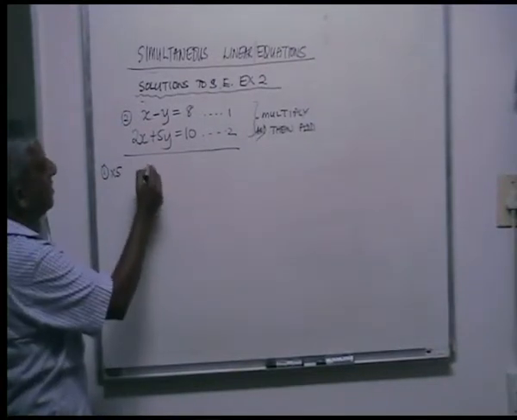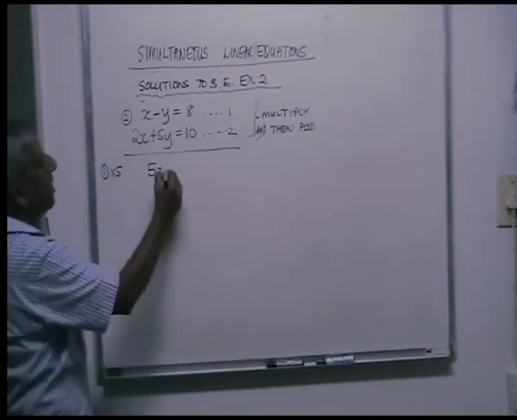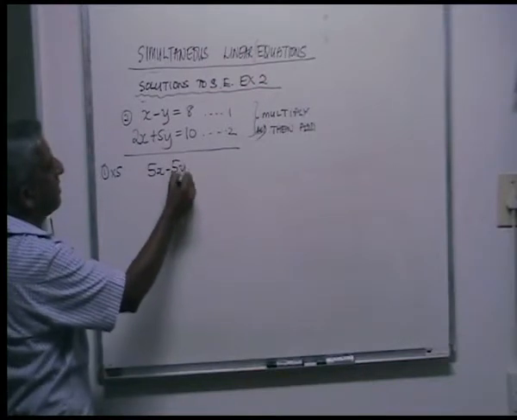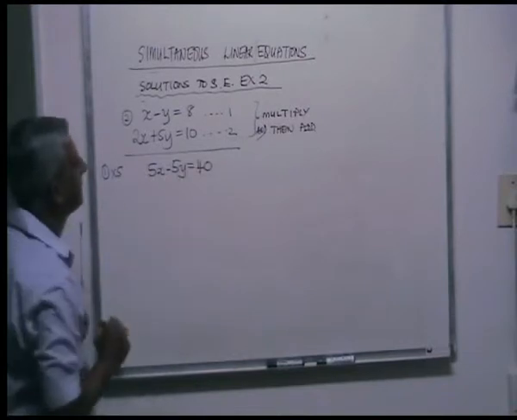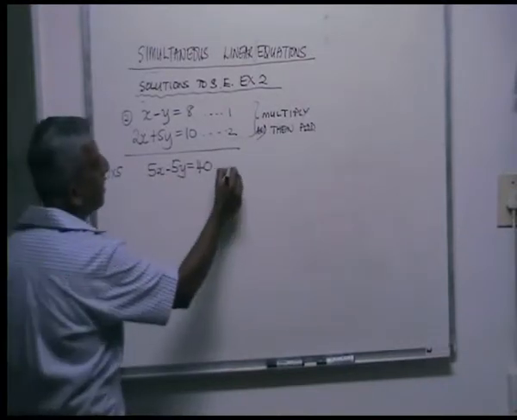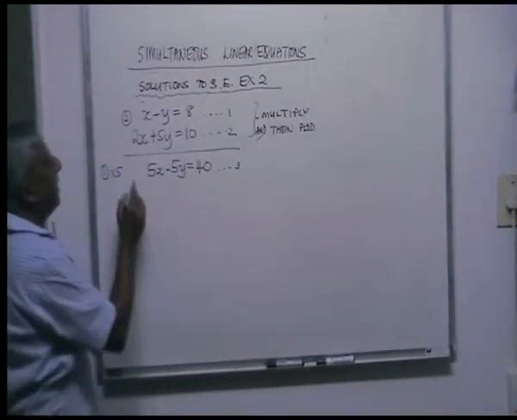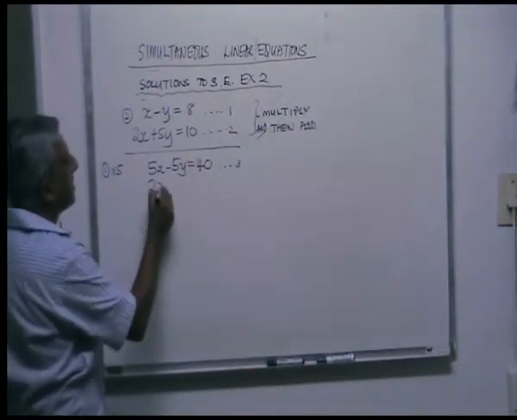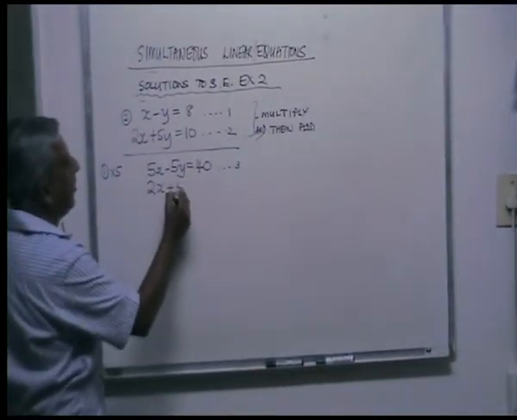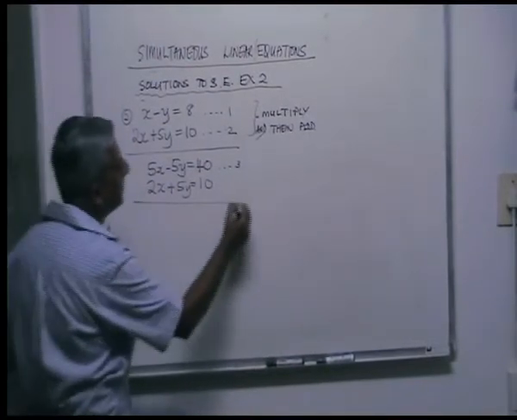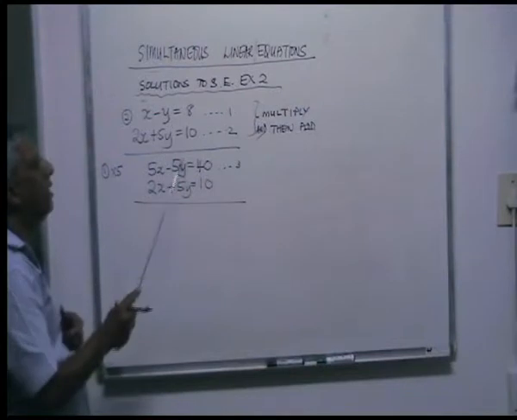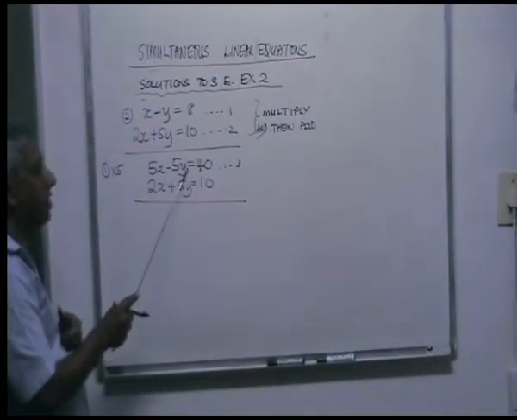So 5 times x is 5x. 5 times minus y is minus 5y. 5 times 8 is 40. Right, we finished that. We can call it number 3. Then we take number 2 and just rewrite it: 2x plus 5y is equal to 10. You see, I only multiplied so far.